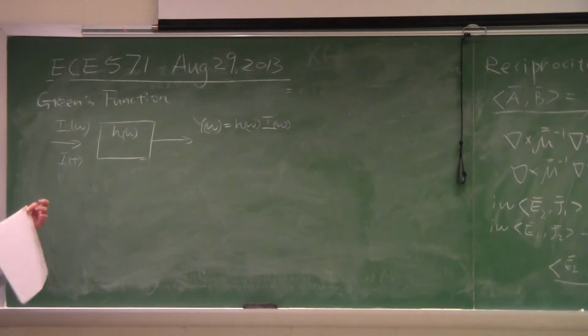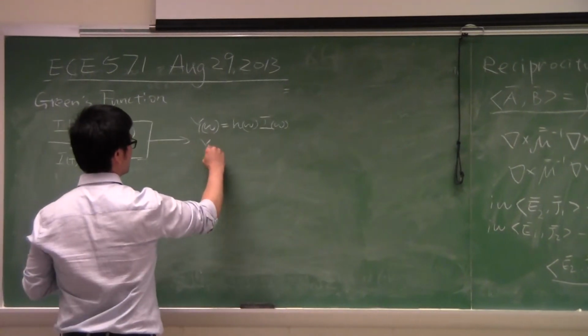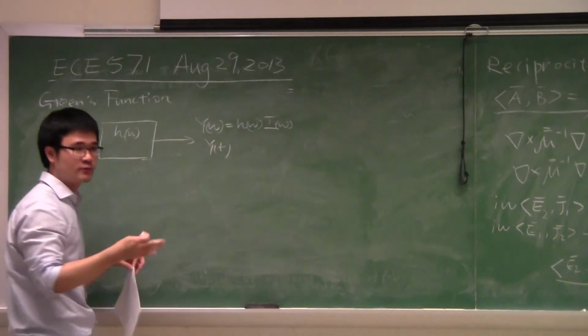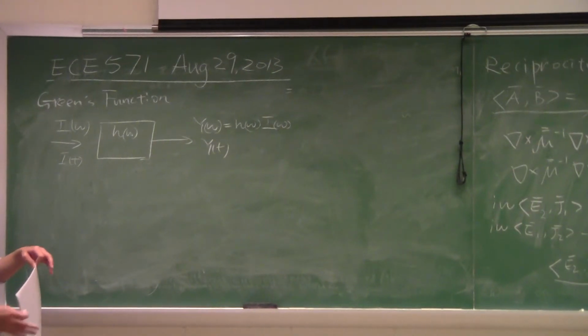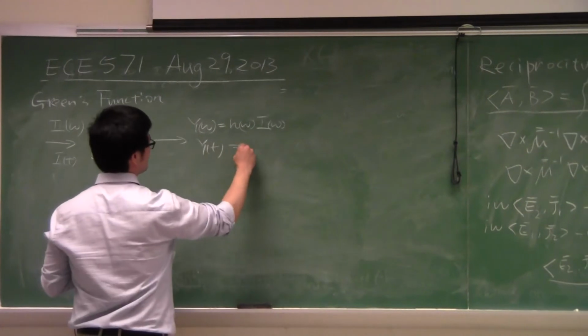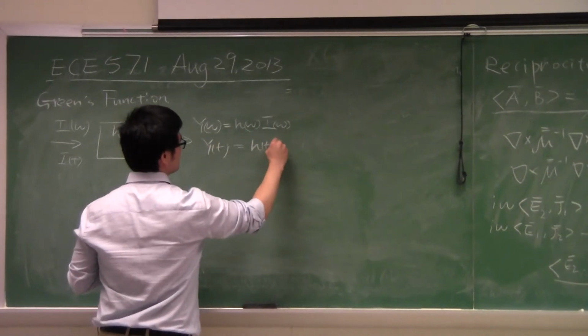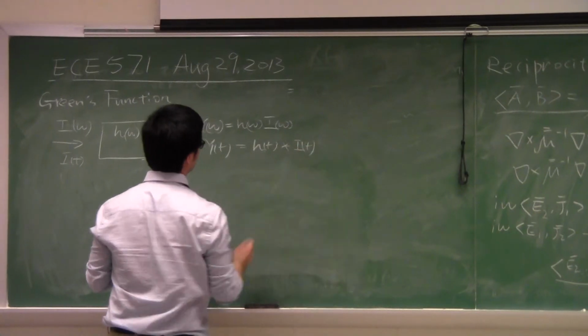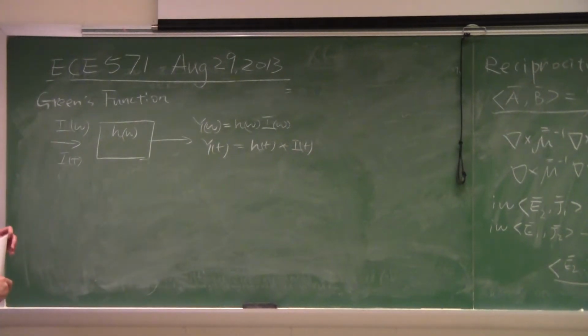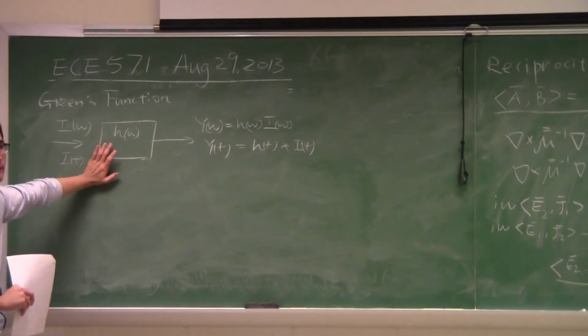So if we do it in time domain, it will be simply a convolution, because the Fourier transform of a product will be the convolution of two individual Fourier transforms. So it will become this. But how do we know this system function?